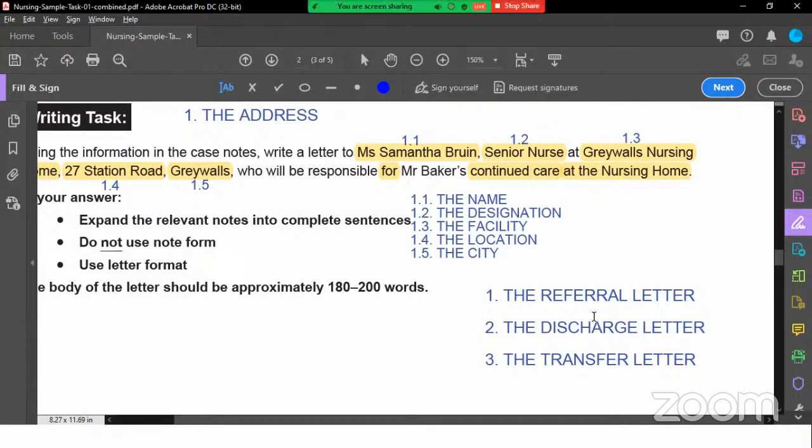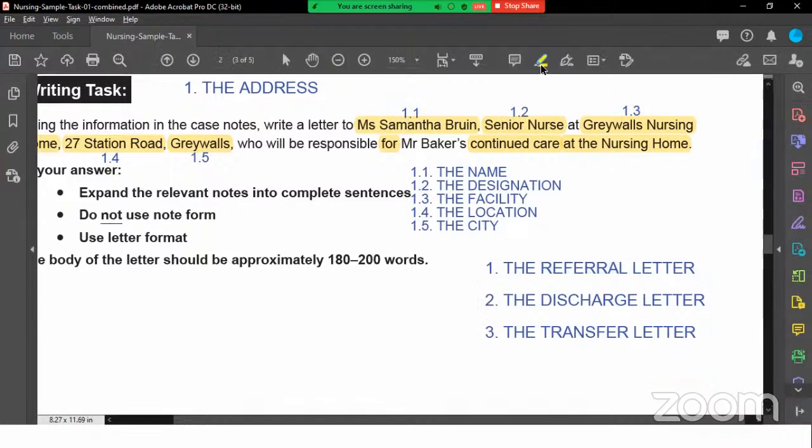If it is a referral letter, it will be stated here: write a letter of referral, or refer to, or referral letter. Something will be there. This word is very important. If the word referral is not there, you can be clear that it may be the other two.